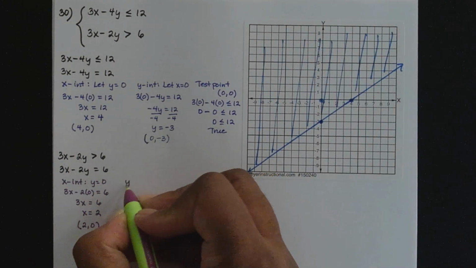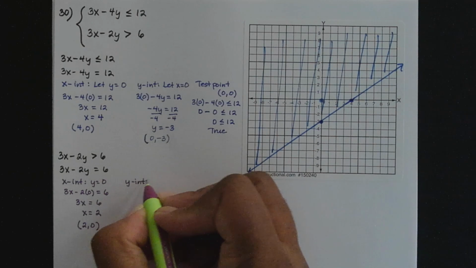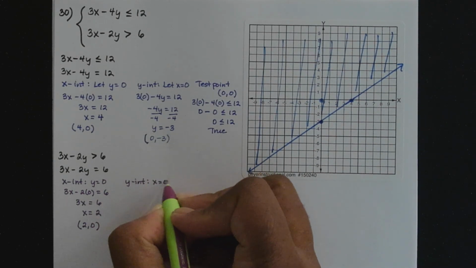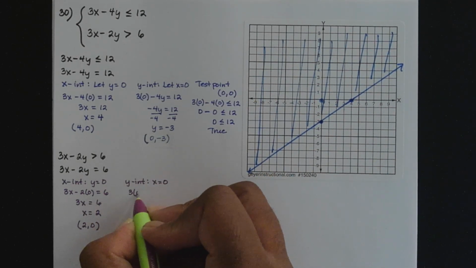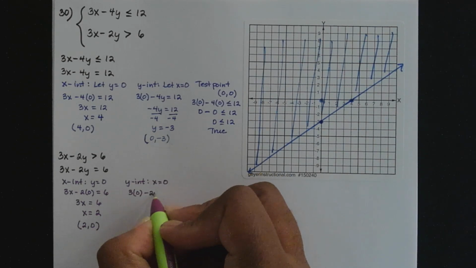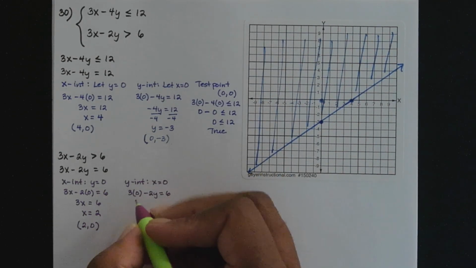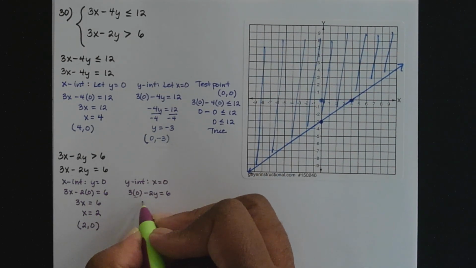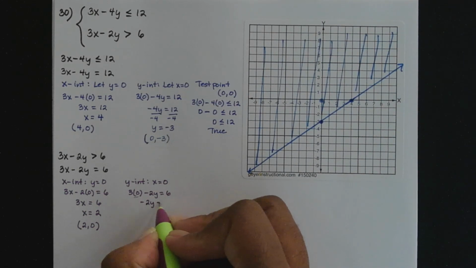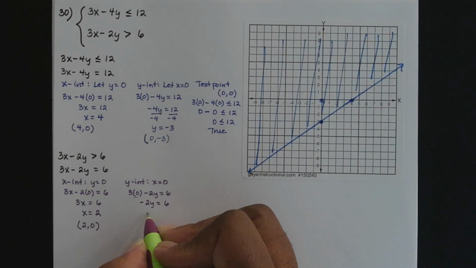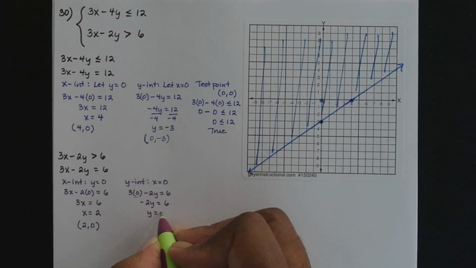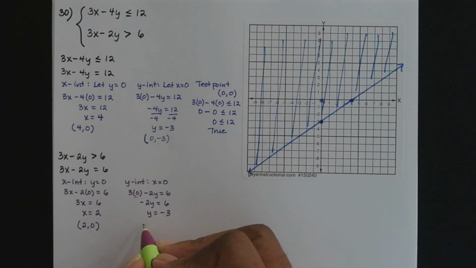And then for your y-intercept, we let x equal 0. So it'll be 3 times 0 minus 2y is equal to 6. Well, 3 times 0 is 0, so we're left with negative 2y is equal to 6. That means y must be equal to what? Negative 3.